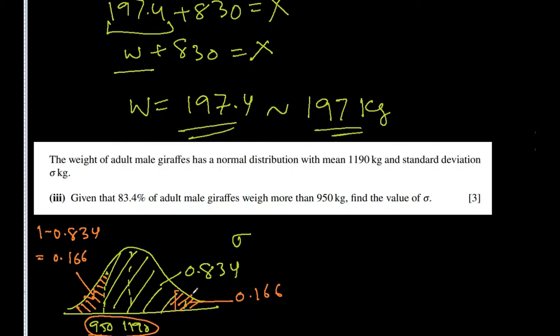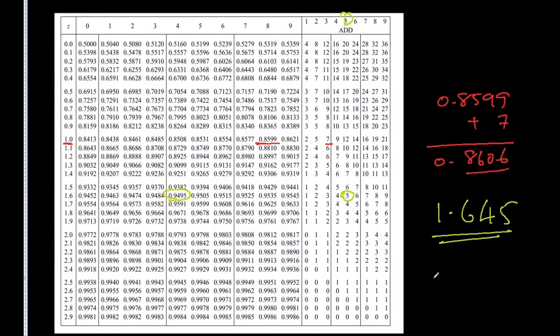But in the Z score table, we have the lesser area, which will be 1 minus 0.166, and we'll get back 0.834. So let's find 0.834. What is the Z score related to 0.834? Okay, so 0.834 will be 834. Can you see here? 0.834 is here.